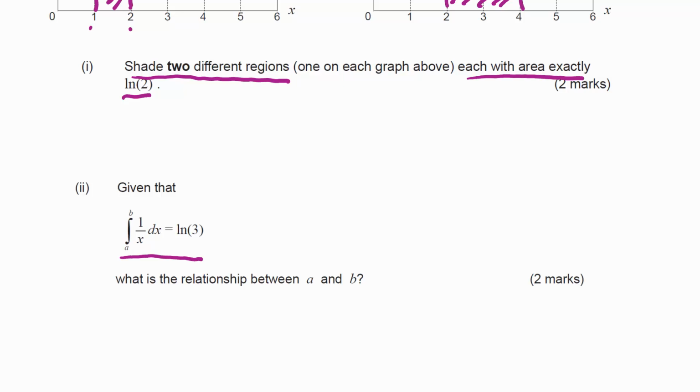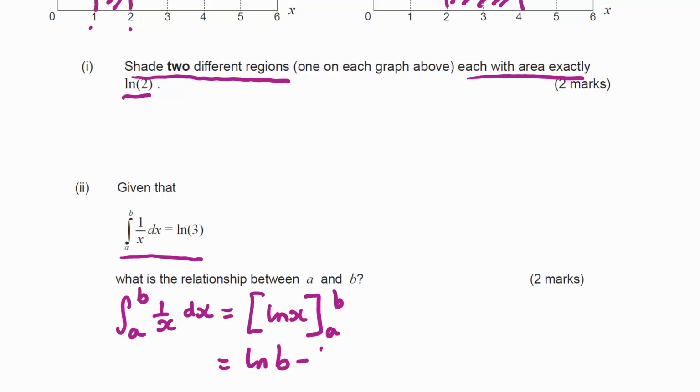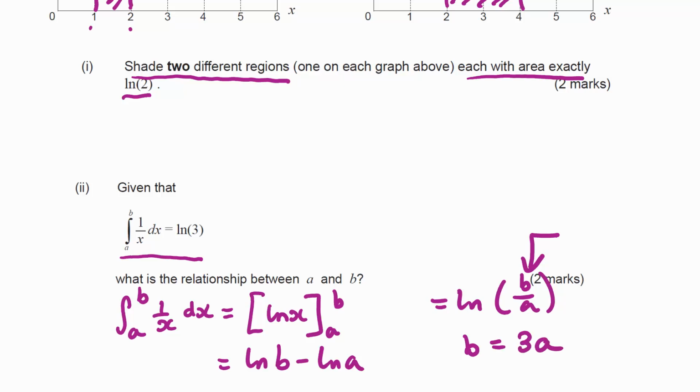Well, it's kind of what we did earlier on, in that we know that the integral from a to b of 1 over x dx is going to be ln x from a to b, which is ln b take away ln a, which is of course ln b over a. And so for this to be ln 3, we're going to need that b is equal to 3 times a.